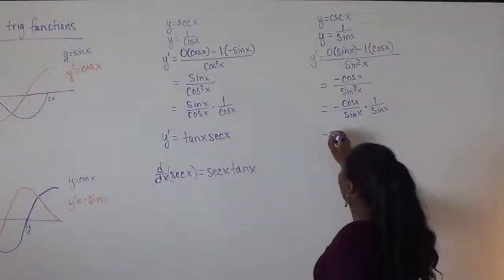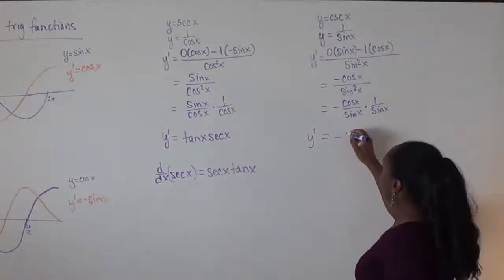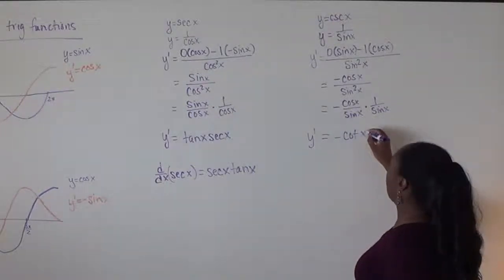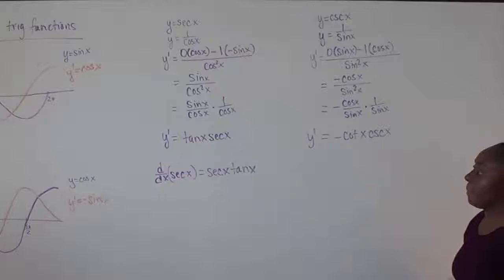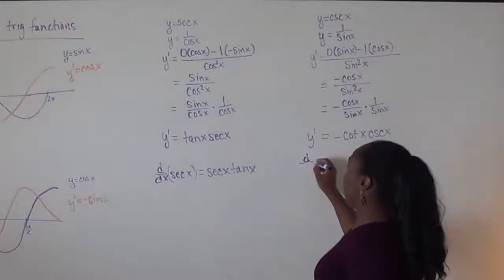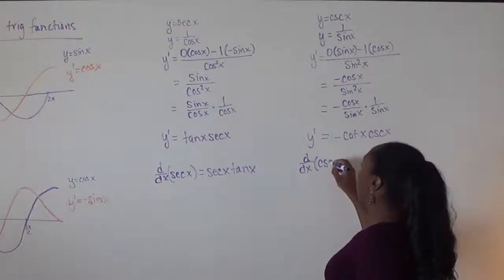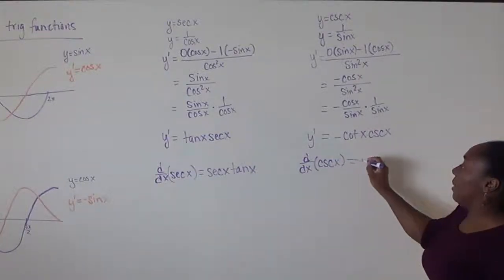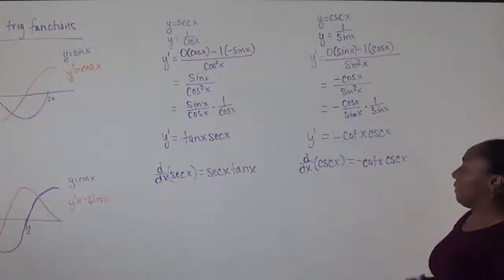And so looking at that, this says that y prime is going to be the negative cotangent cosecant of x. Okay. Or again, just rewriting that, derivative with respect to x of our cosecant of x is going to be the negative cotangent x cosecant x.